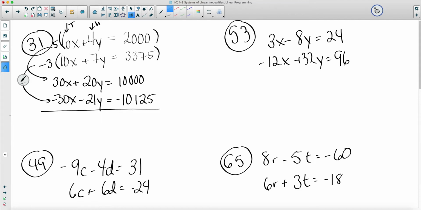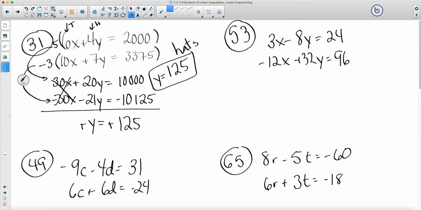And then we're going to add those together. Okay, just straight up add those equations together. These ones are going to cancel out. That was the point of doing that. We'll get a negative 1y or negative y, and then we'll get negative 125 over here. Negatives are going to cancel out, so we have 125 for y, which we said is our hats. So we have 125 hats.